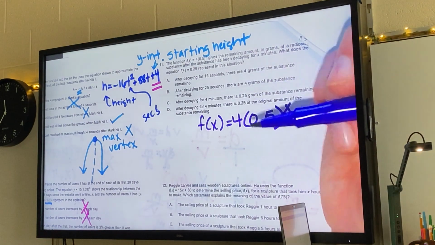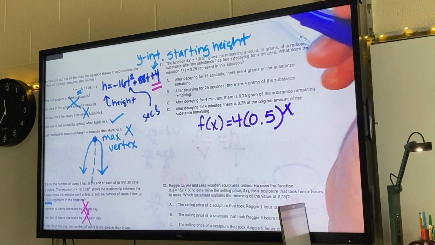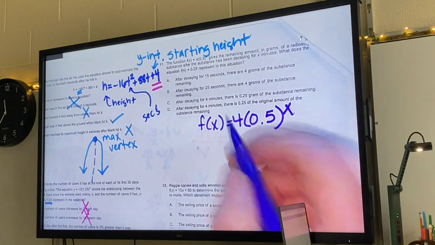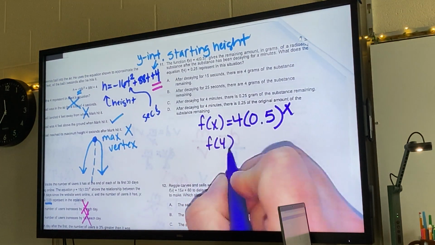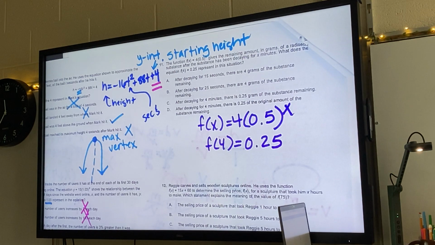So x, your domain, is in minutes. F of x, your range, is in grams. What does f of 4 equals 0.25 represent in this situation?